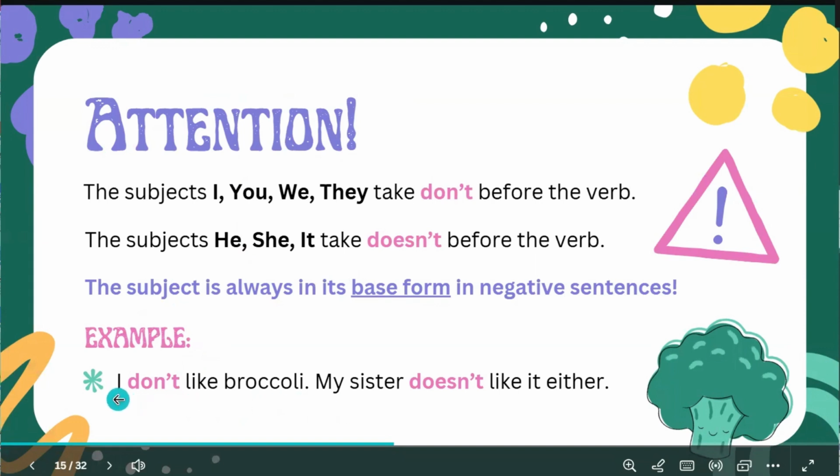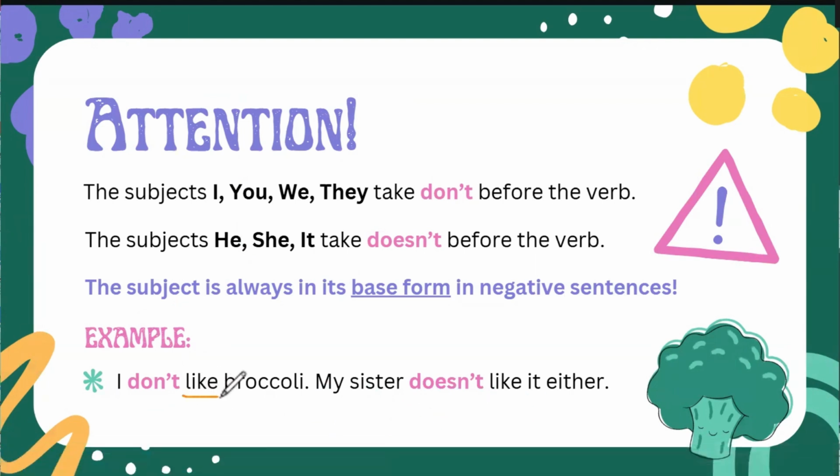So I is our plural subject. Gumamit siya ng do, negative, so magiging don't. My sister, singular, doesn't like it either. So mapapansin nyo here na ang main verb na like ay walang dinagdag or nabago, parehong base form. So dito lang kayo mag-focus kapag negative. Okay, negative statement.